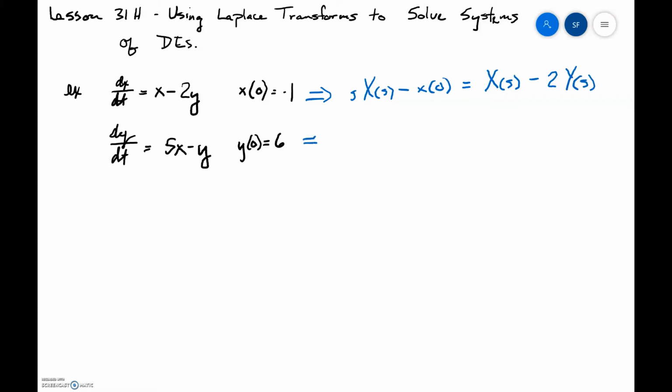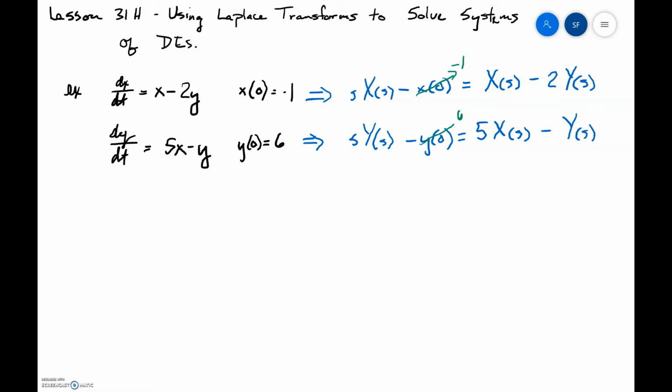And this one becomes s capital Y of s minus y of 0 equals 5 capital X of s minus capital Y of s. So just like when we were doing Laplace transforms before, the next thing is to go ahead and plug in our initial conditions. So this now becomes negative 1, and this now becomes 6.